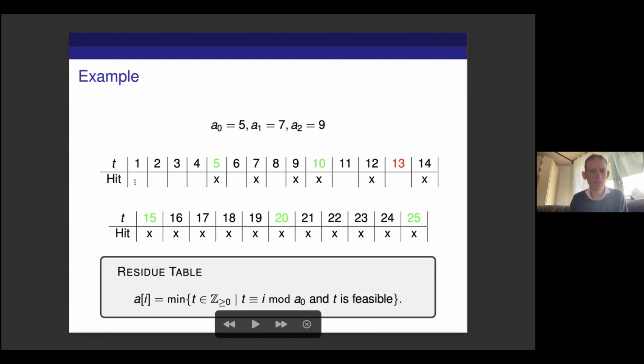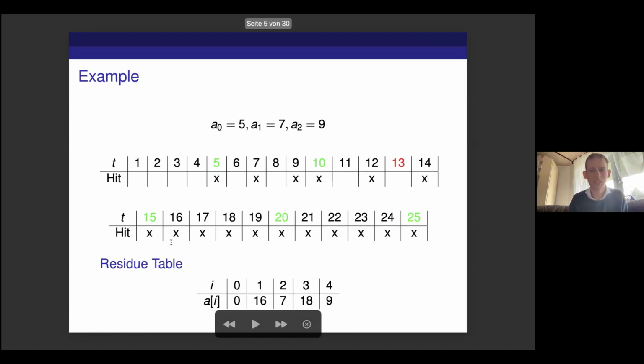So for example, for residue class 1, we just want to find the first cross. Okay, so 1 has no cross, 6 has no cross, 11 has no cross, but 16 has a cross. So we put in 16 in the entry 1 of the residue table. Same with 2, right? First cross for 2 is 7 here, and so on.